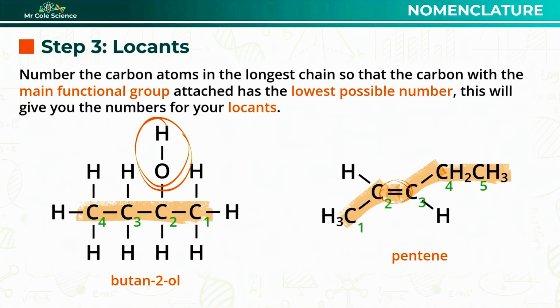If I were to number from right to left, then it'd be between the 3rd and 4th carbon, and we're always looking for the lowest numbers possible. So left to right is the correct choice in this instance. But what number becomes our locant? Well, we stick with the rule of always wanting the lowest possible number. So we say that the carbon-carbon double bond starts on the 2nd carbon atom, giving pent-2-ene, again remembering the hyphens between letters and numbers.